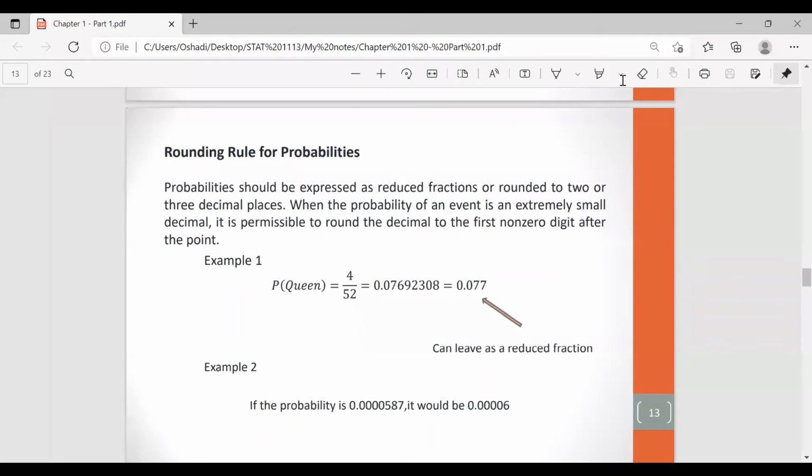So 587, you can write it as 0.00006, to the first non-zero digit after the point. Okay, so this is called the rounding rule for probabilities. So when you are writing probabilities, you should consider this rounding rule. Okay.